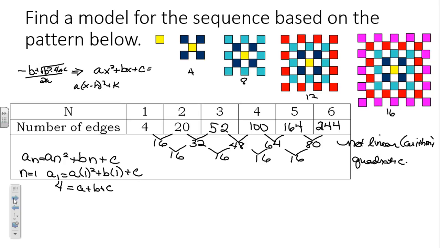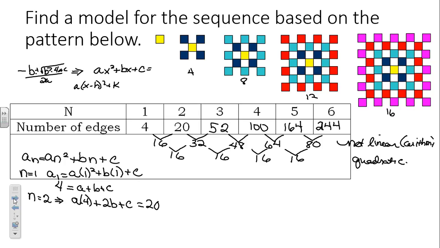Let's let n be 2. When n is 2, we're going to put in 2 everywhere we see n. So a sub n will be 4a plus 2b plus c, and that's equal to 20.